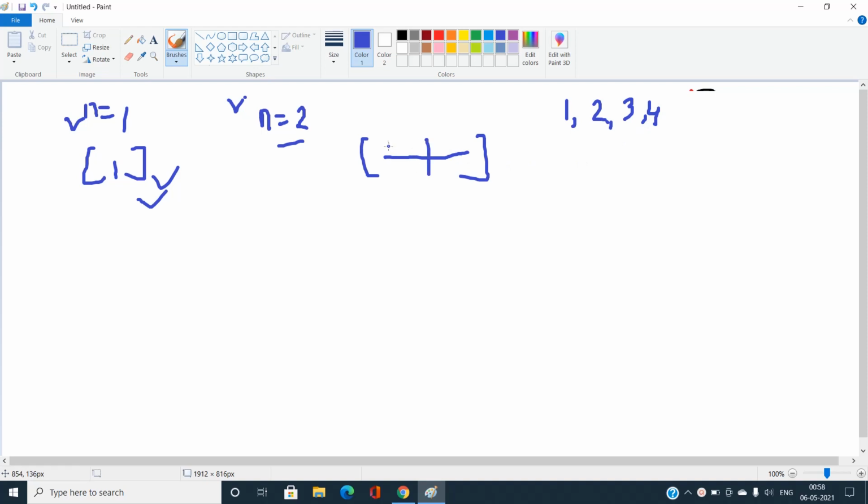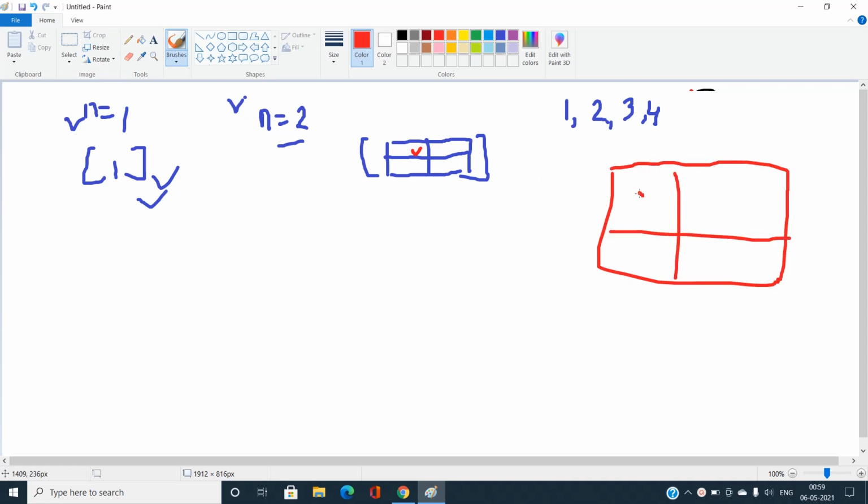Let me make a larger matrix to explain the adjacent cell differences. If this is the cell I'm talking about, and it has neighbors with values x, y and z, then mod of x minus y should not be equal to 1, and mod of x minus z should not be equal to 1.